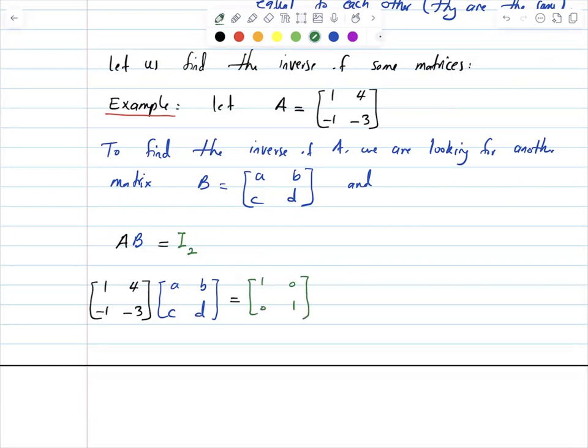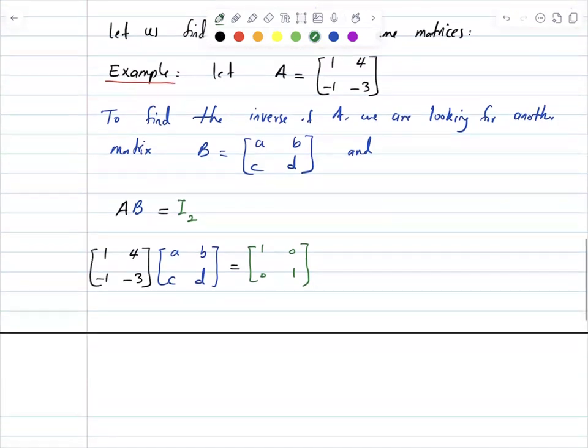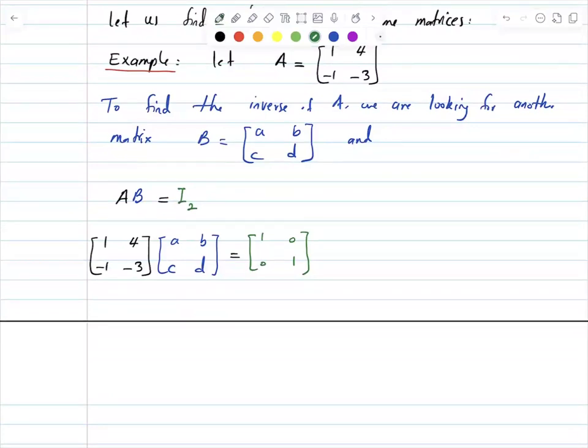So take a few minutes and find the entry a, entry b, entry c, and entry d. It's just pure multiplication, and finding the rest of them is algebra. Then add your answers in the chat, everyone. It's a good practice.